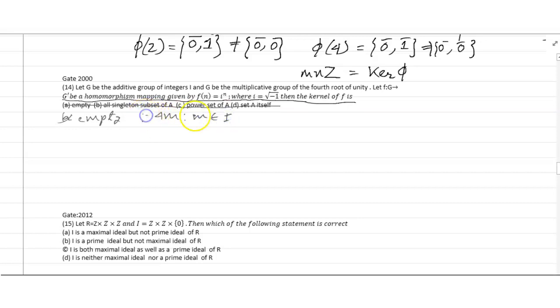I have to check what the kernel is. So f from G to G dash, where f(G) equals G dash.